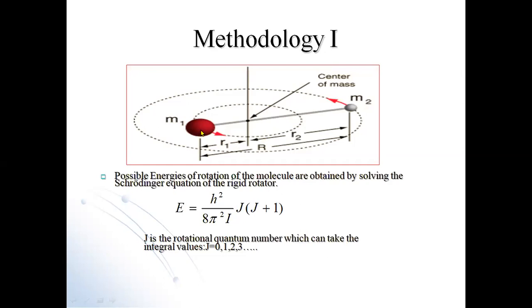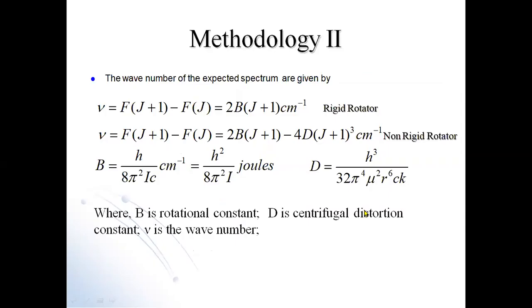Both the atoms are slightly moving away. So because of that, in the case of a non-rigid rotator, the distance r1 plus r2 does not remain constant. It is slightly changing because of the centrifugal force. So here you see the expression which I wrote here. This is the expression.